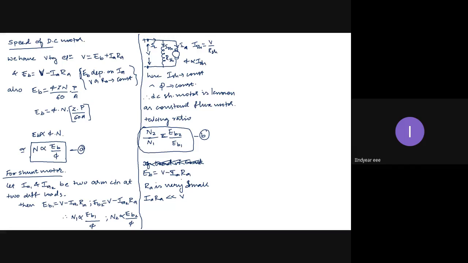So is this IRA making a much difference in V minus IRA practically? Since RA is very small, IRA is very much lesser than V. Therefore, V minus IRA is nearly equal to V.